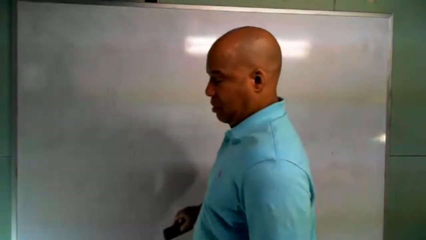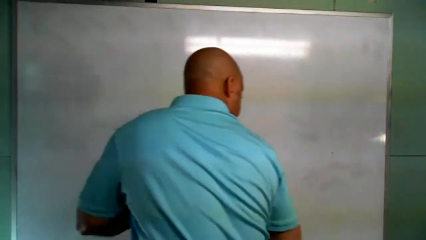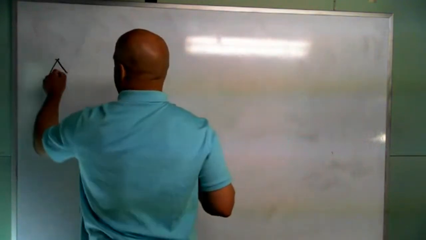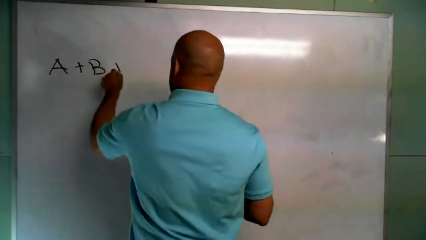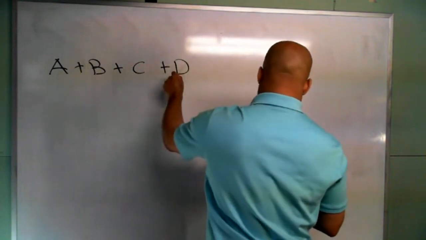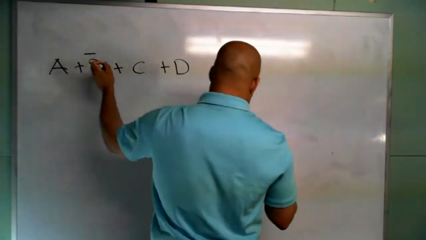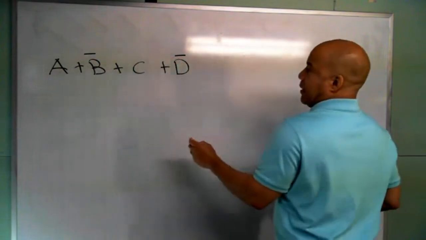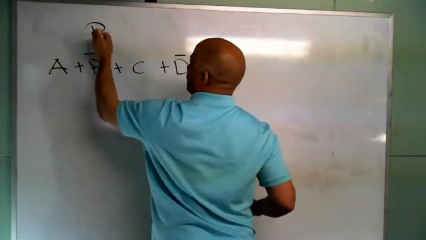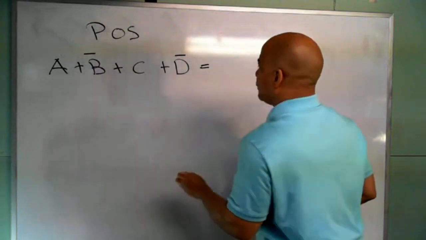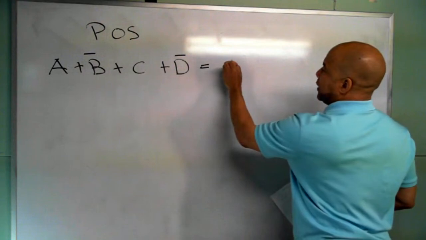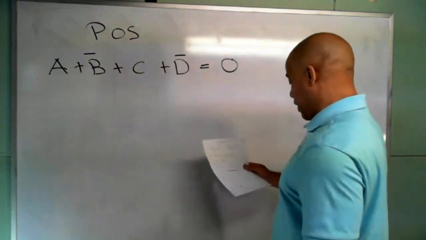Okay, so problem number 1, they give you this. Let's say I got A or B or C or D, and these are notted. And this is a product of sums. And so we said at the beginning of this, a product of sums always evaluates to a 0. That's problem number 1.